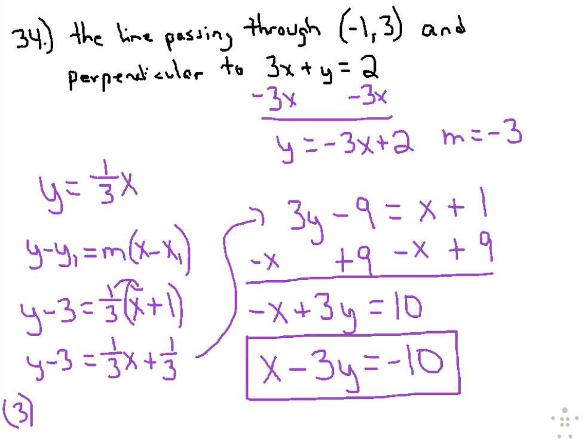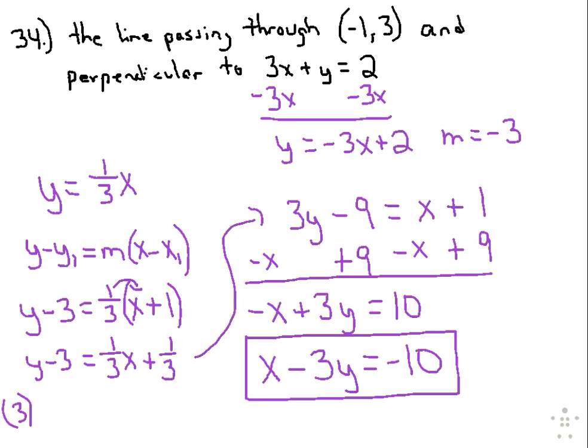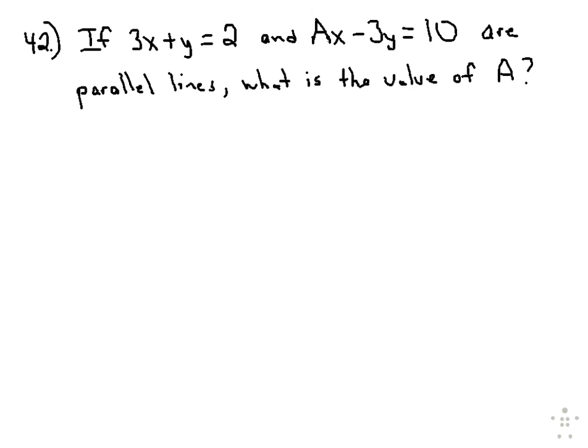And moving to the last problem in this section that we're going to do, question number 42. If 3x plus y is equal to 2 and ax minus 3y is equal to 10, and these two lines are parallel, what is the value of a? Well, parallel means the slopes have got to be the same.